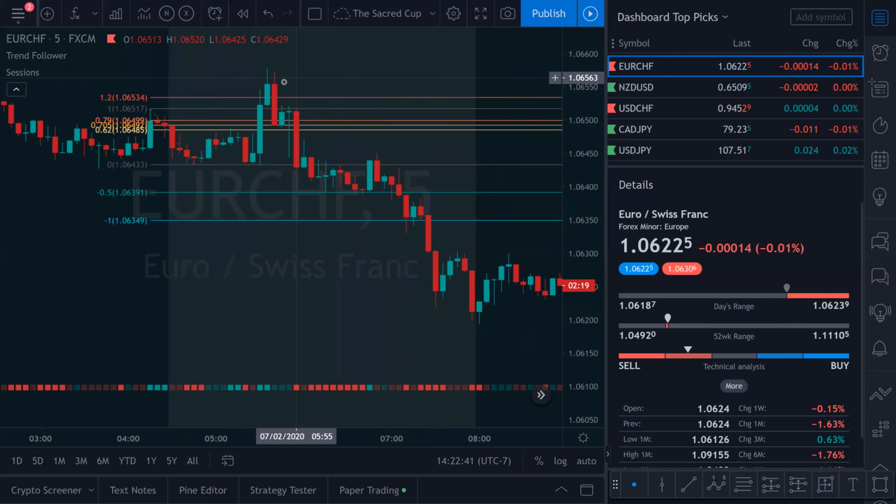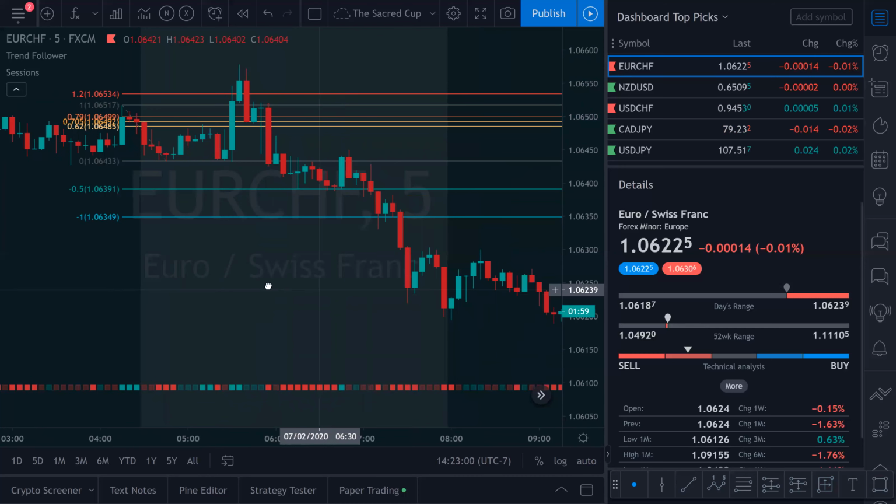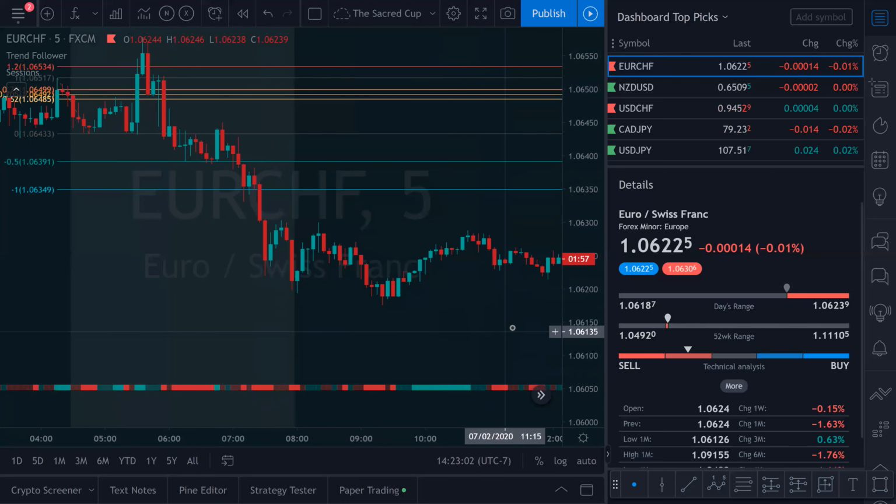That said, I still have an entry here, according to my bar down here. This is the trend follower bar that I use. According to the trend follower, I would have just entered here instead, and then caught it on the way down. So I for sure would have made back anything I lost there.